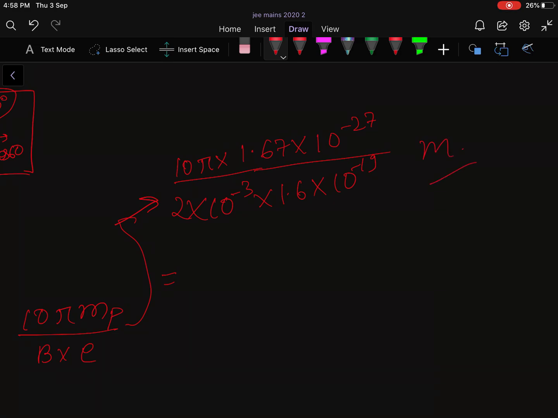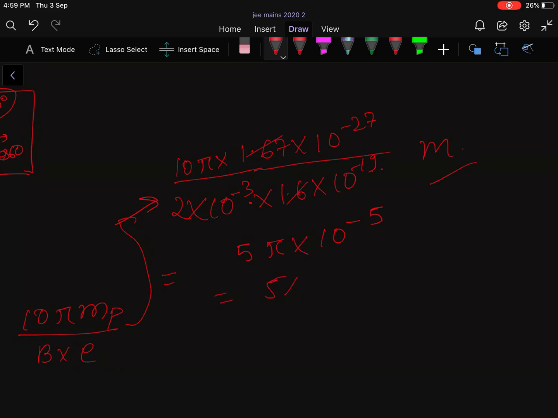So if you want me to solve, I can solve it for you. It is approximately, and in the final exam you can use the approximation also, if the answer is not too close in the options. So 10 to the power minus 27 plus 22 becomes minus 5, and 10 pi into 10 to the power minus 5.